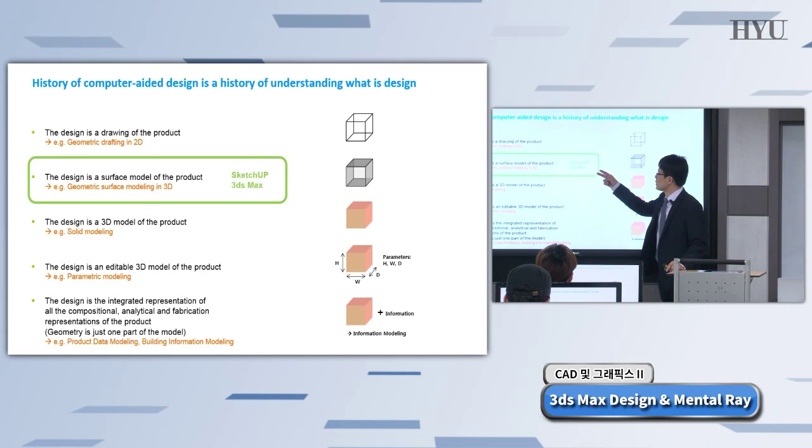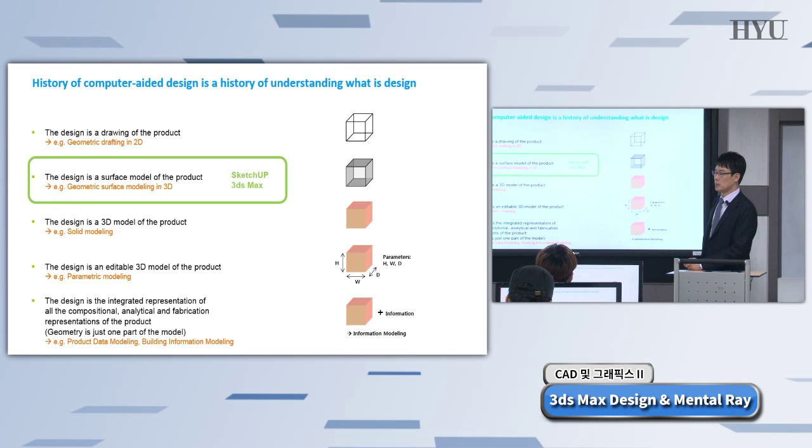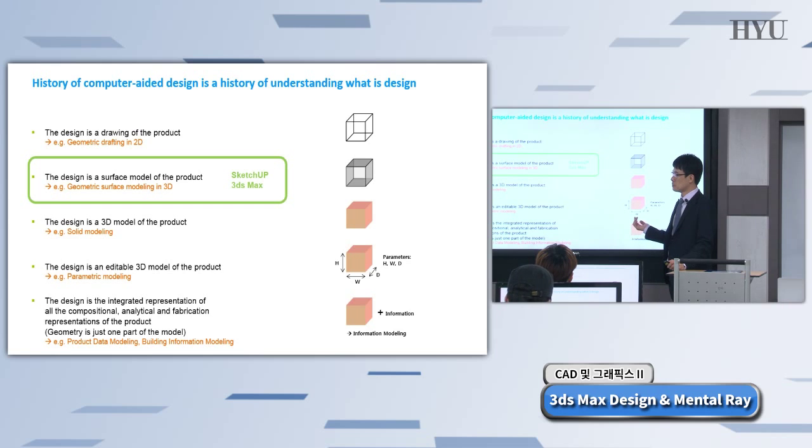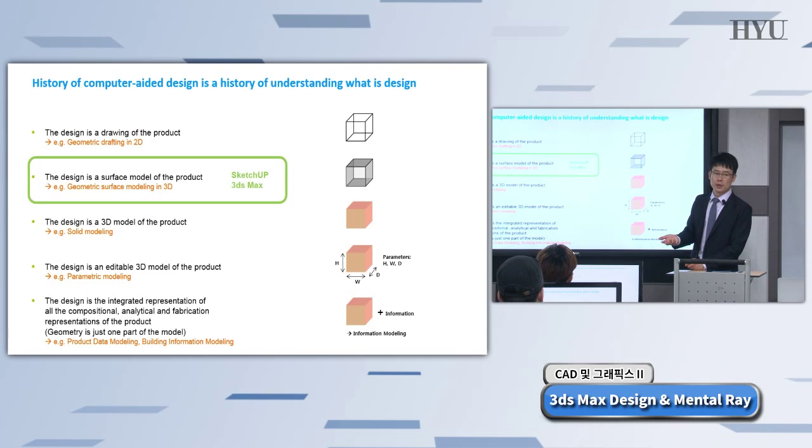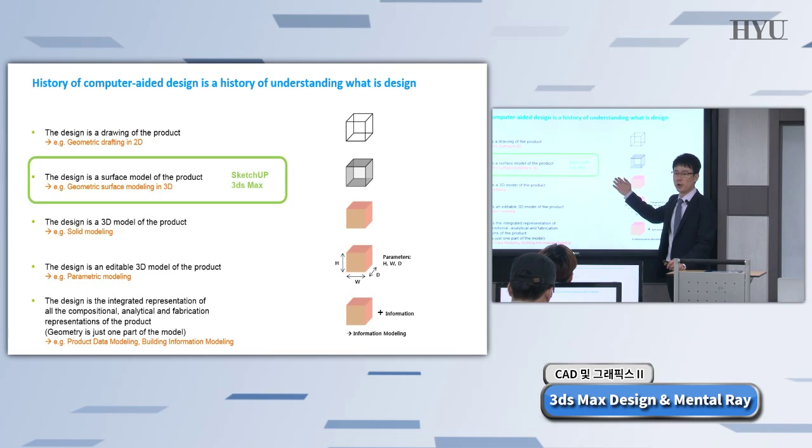So now we are dealing with 3D Max design, still surface-based 3D objects. That is why this course emphasizes the term visualization, okay? You are in charge of visualizing your design in your brain in this kind of computational way.